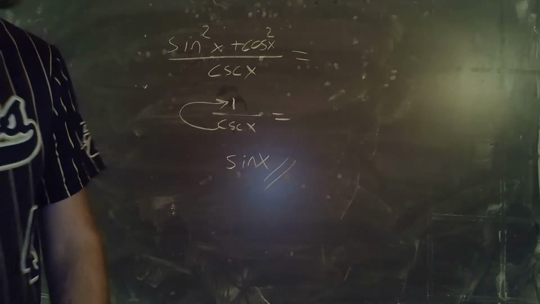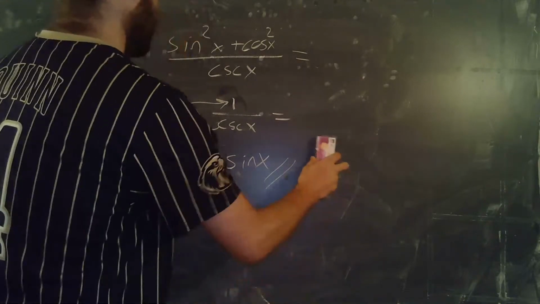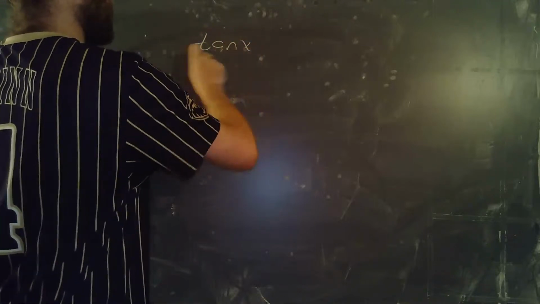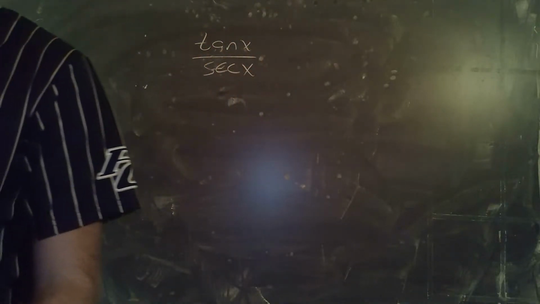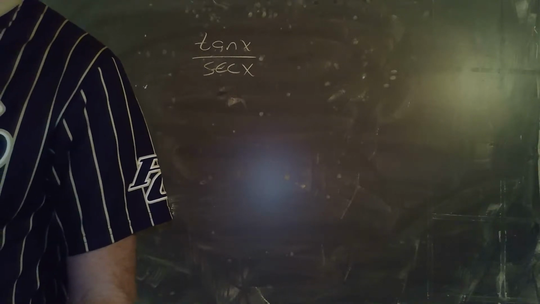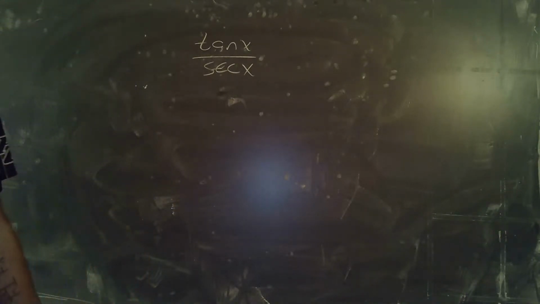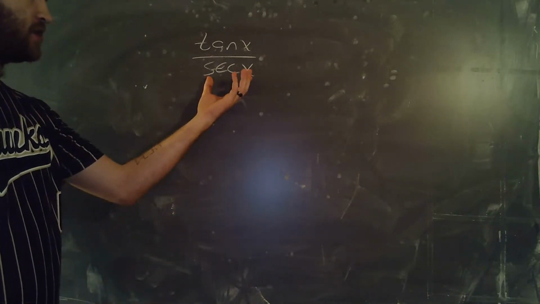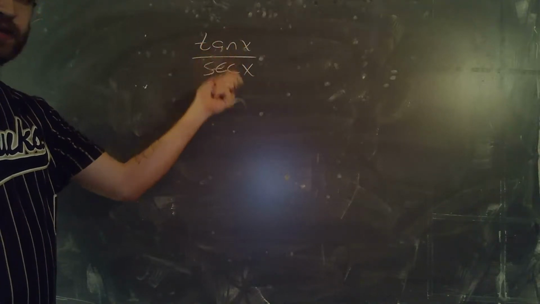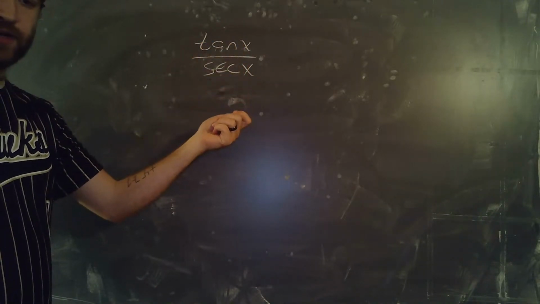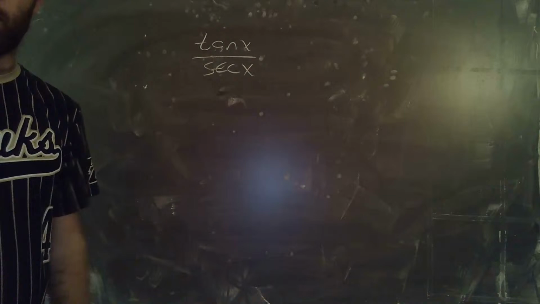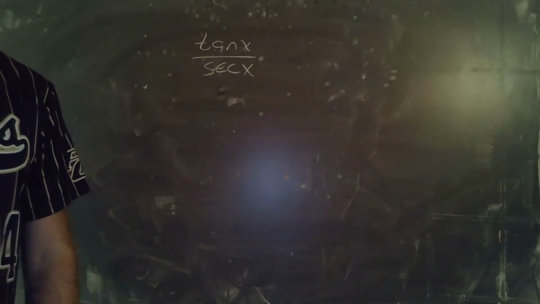Okay, so next identity that we have out of this book is a pretty simple one. It says simplify tangent divided by secant. And again, I want to be emphasizing what the reciprocal identities actually say. They say that you can move trig ratios from the top or the bottom to the other side of the fraction bar if you turn them into their appropriate counterpart on the other side.